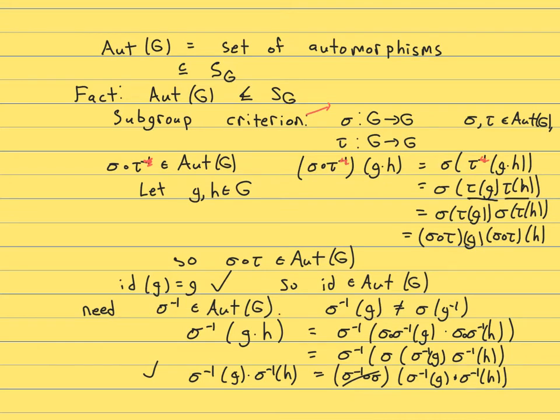So this is an interesting fact, and actually it's something you sometimes prove in modern algebra as a homework problem: given an isomorphism from G to H, the inverse bijection is also an isomorphism from H to G. And that's essentially what we just proved.